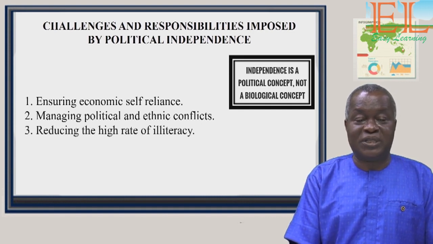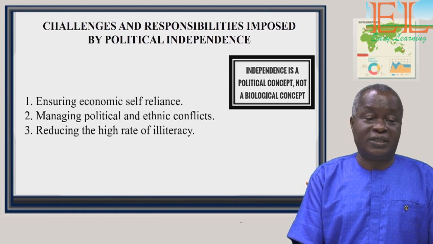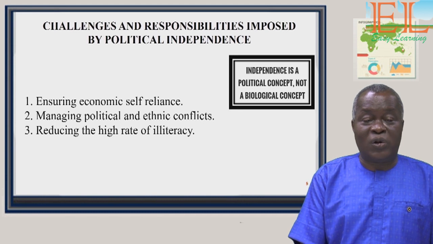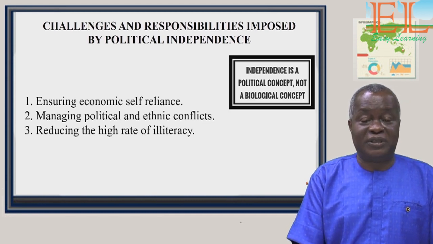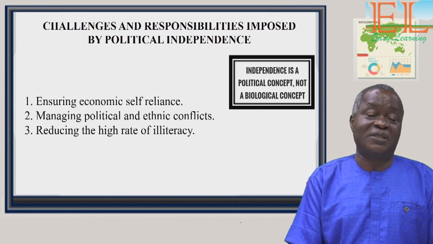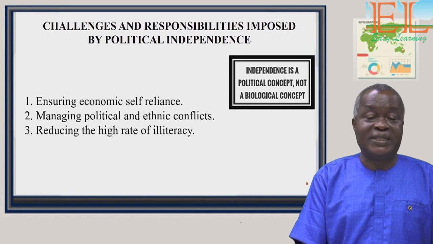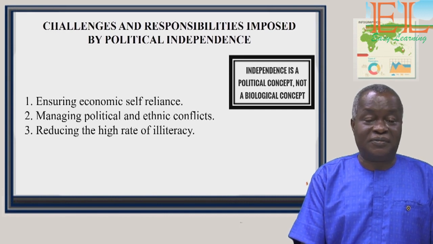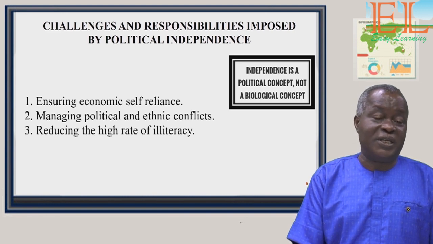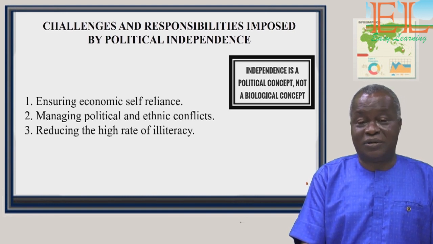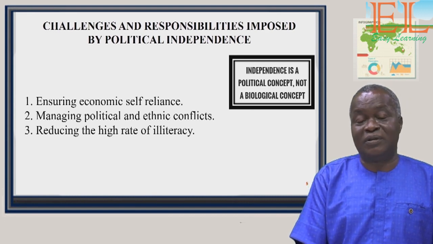3, reducing the high rate of illiteracy. Yes, we are all endowed with some level of knowledge, especially about our environment. But the ability to read and write is very necessary at this time when we live in a global village with a high level of technology.